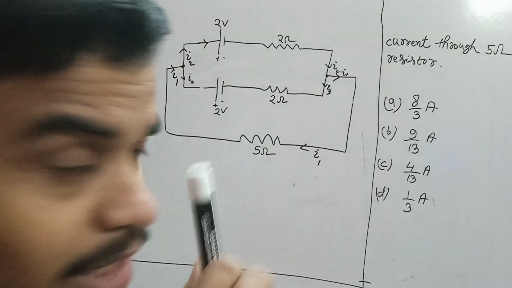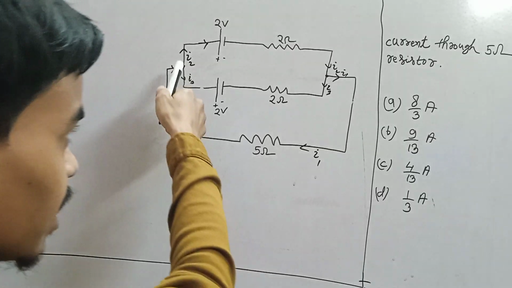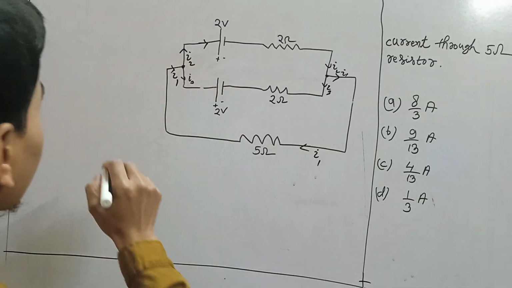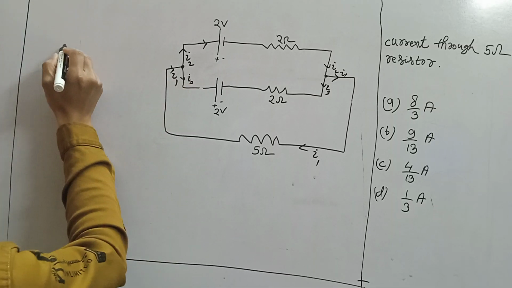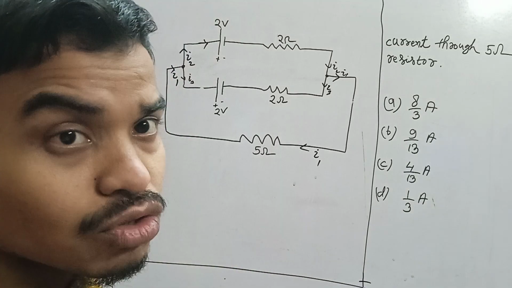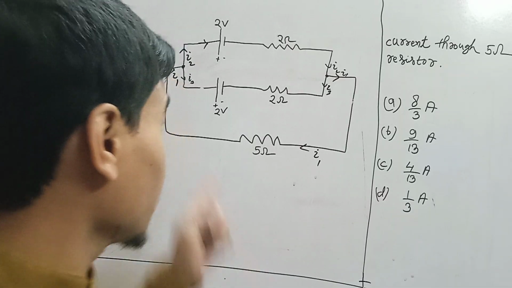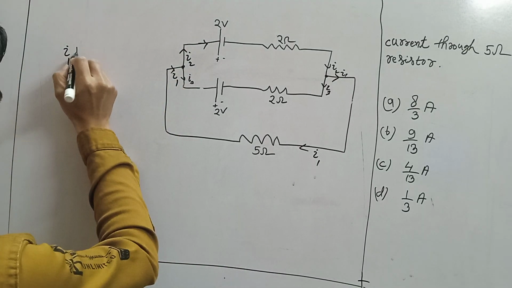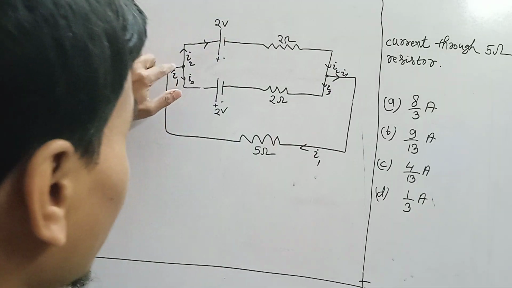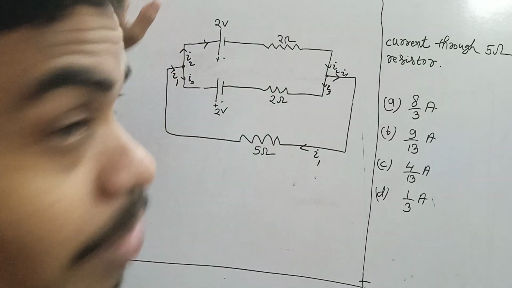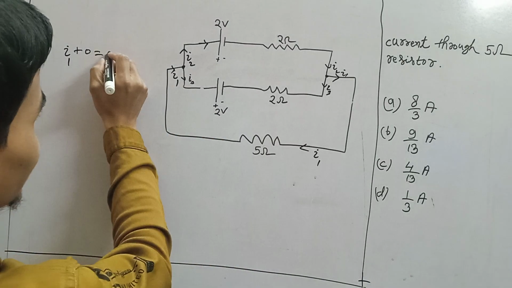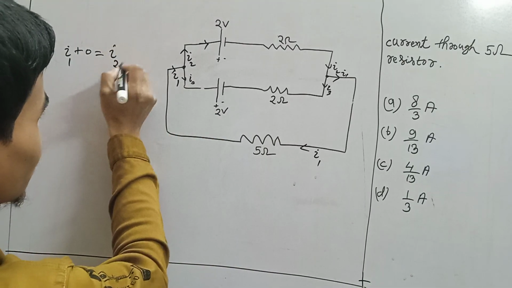There is one incoming current that enters the point, I1, and there is no other current entering this point, so 0 equals, here we can see that I2 current is outward from this point, and also I3. So we can write I2 plus I3.